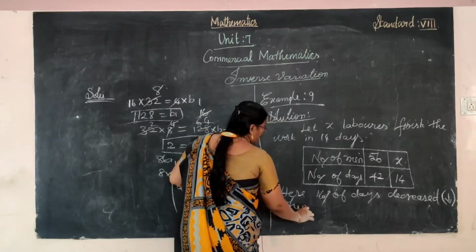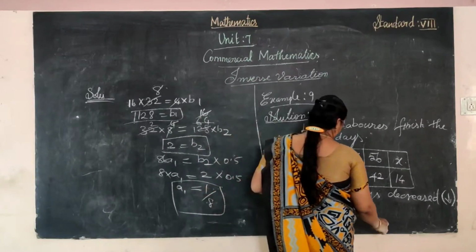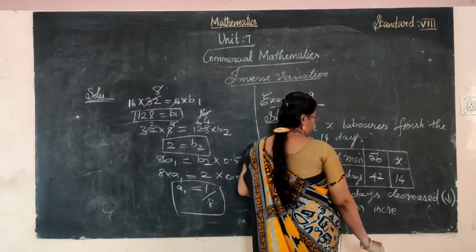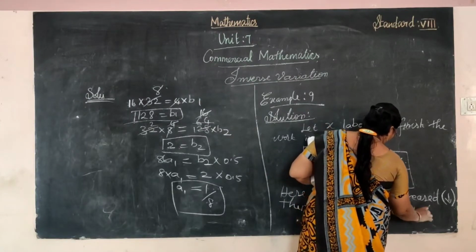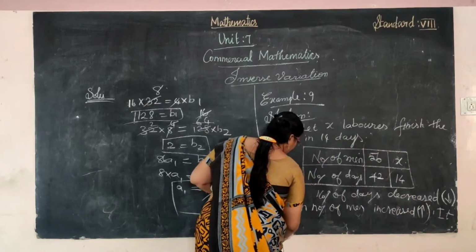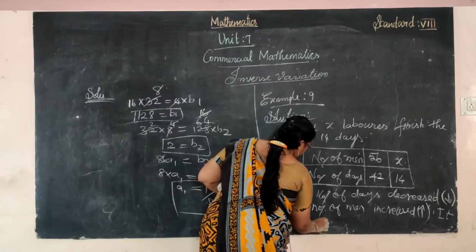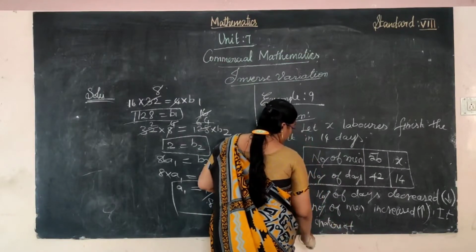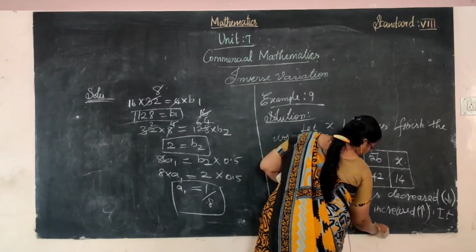Then the number of men increased. It is inverse variation or indirect variation.